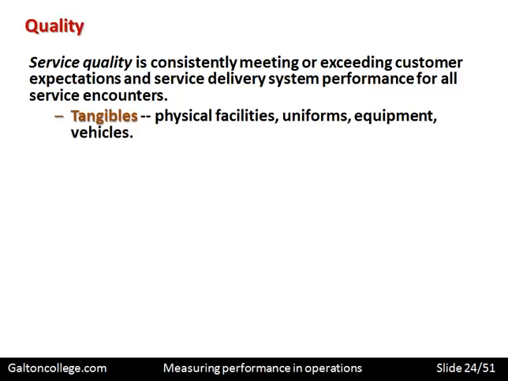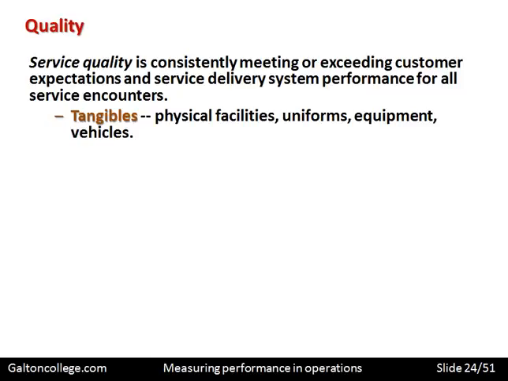Now, service quality can also look at, for example, tangibles, physical facilities, uniforms, equipment, vehicles. Let's say we take our car in to be serviced. We want to have the car checked over. It's due a service. Then, what are the people in the garage like? What are the physical features of the garage?